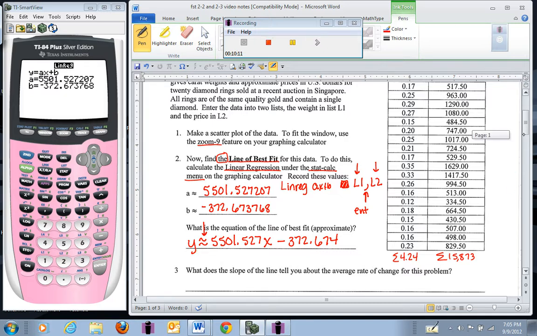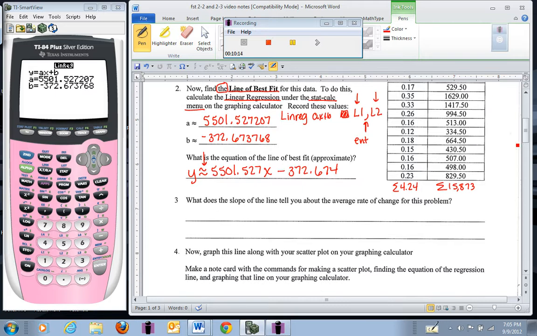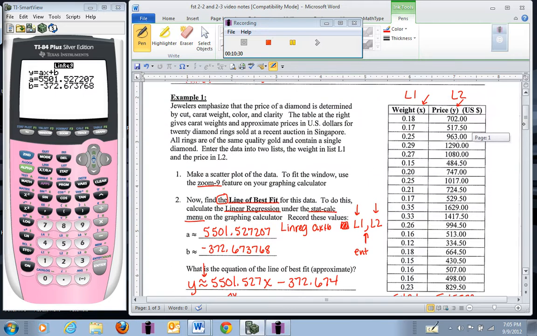Okay, well, let's stop and talk for just a minute about what the slope of that line is telling me about the average rate of change in this problem. We all know that slope means the change in y over the change in x, don't we? Well, the column for our y's represents the price, and the column for x's represents the weight.